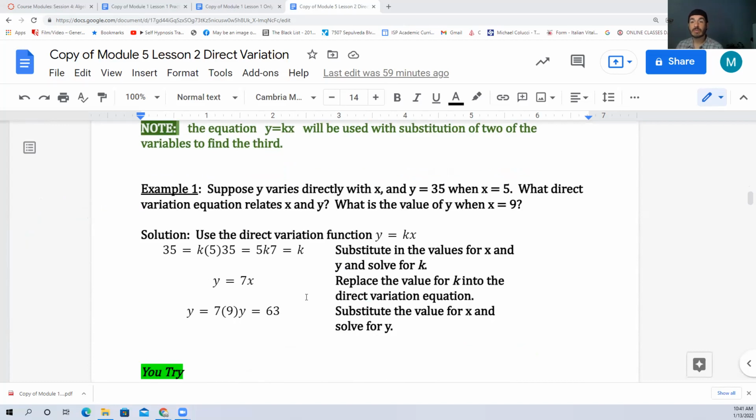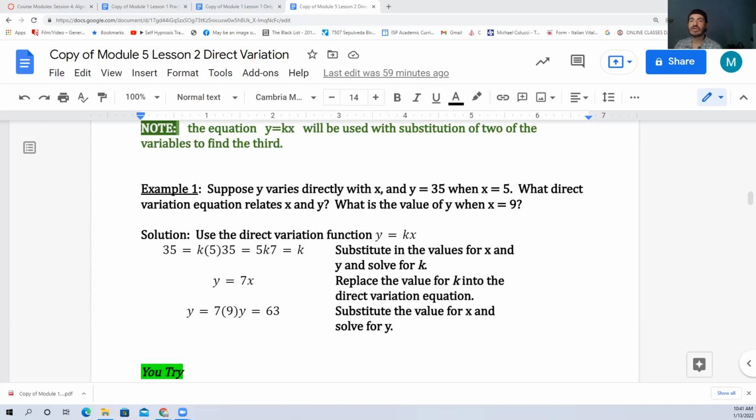That's why that's wrong. k is a constant. So I would rephrase this: the equation of y equals kx will be used with substitution of the variables to find the constant. You can say that.